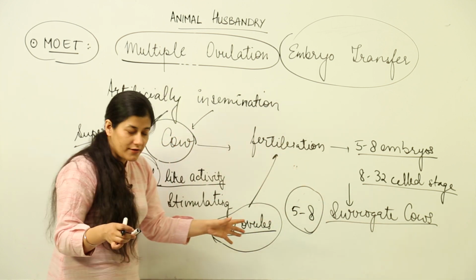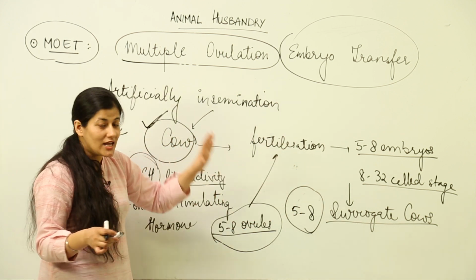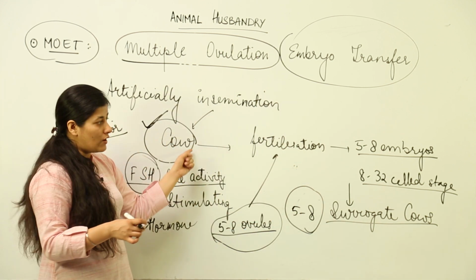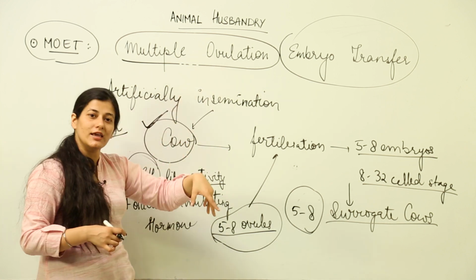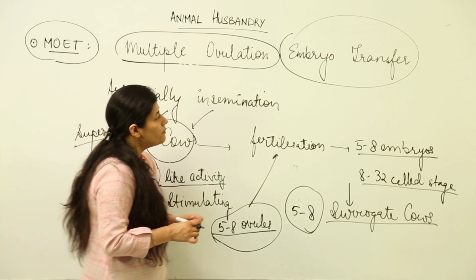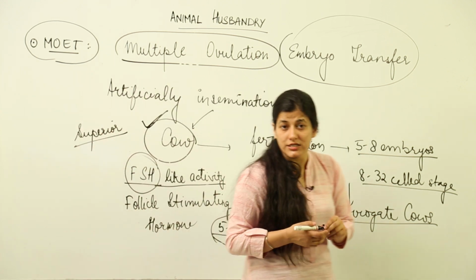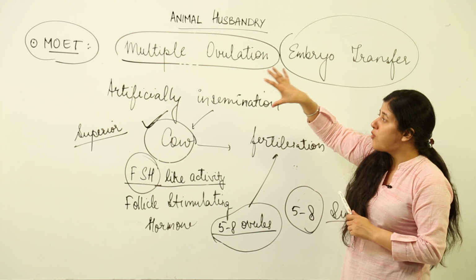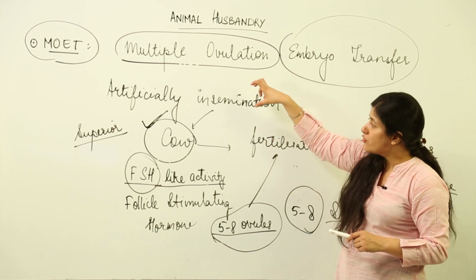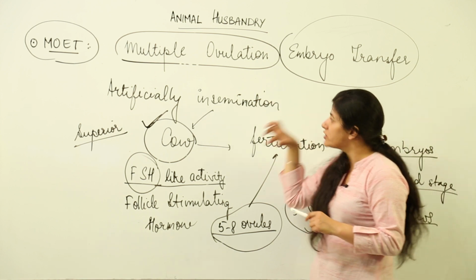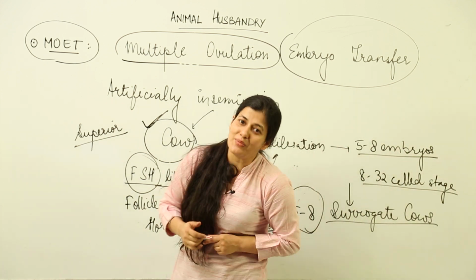So you get 5 to 8 cows impregnated at the same time, while the cow which had undergone multiple ovulation is ready for another cycle of MOET. So this is what MOET is, and this is a very important process that is being utilized all over the world for improving the herd and has an important application in animal husbandry.